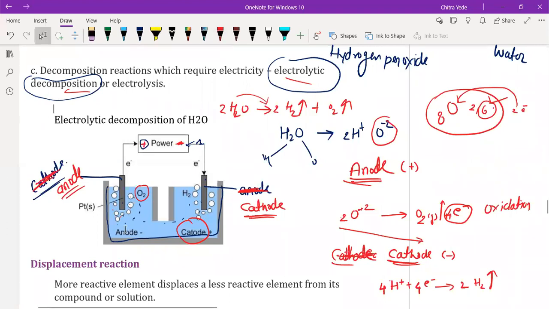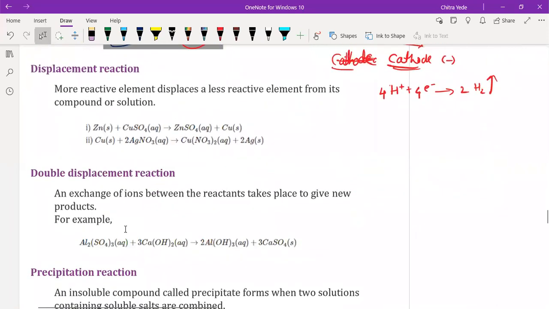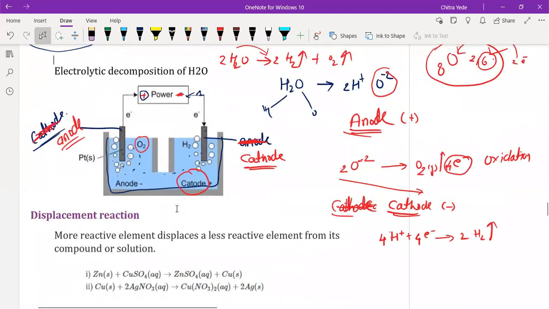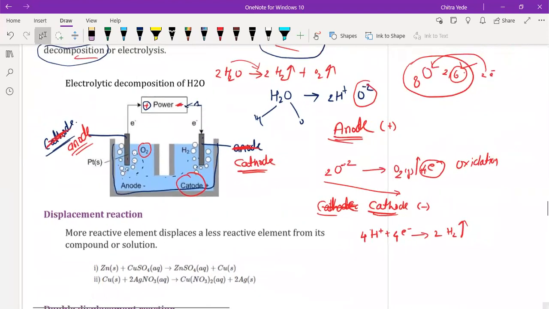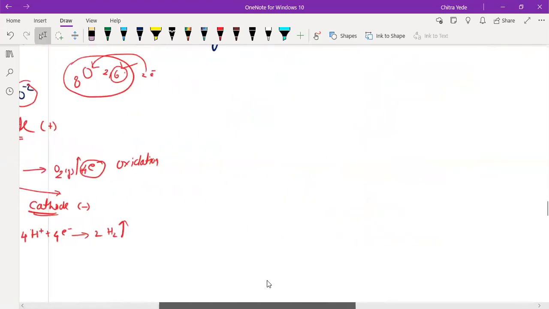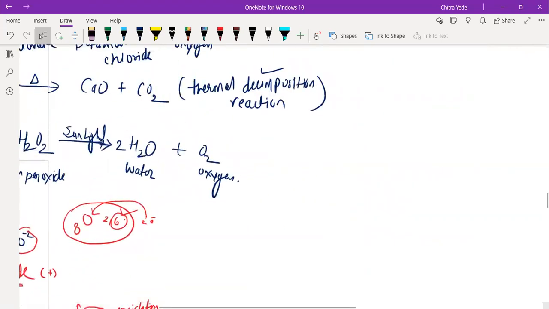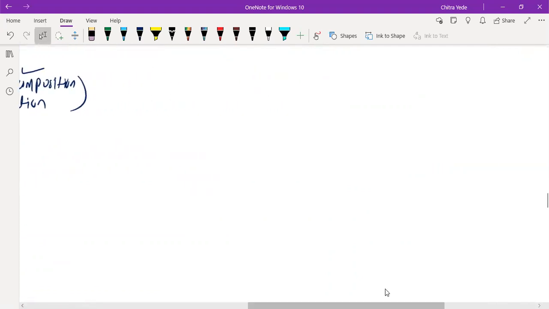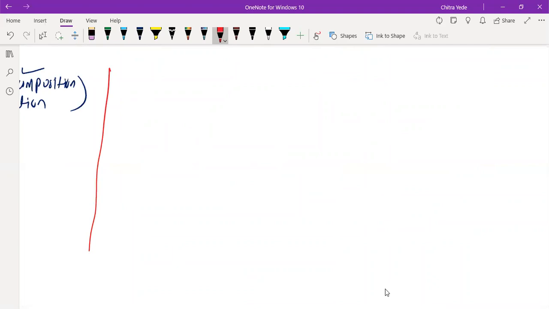Okay, now we'll move on to the displacement reaction, but first, can you once explain the oxidation reaction and the reduction reaction also? See, we have one reaction called a redox reaction.